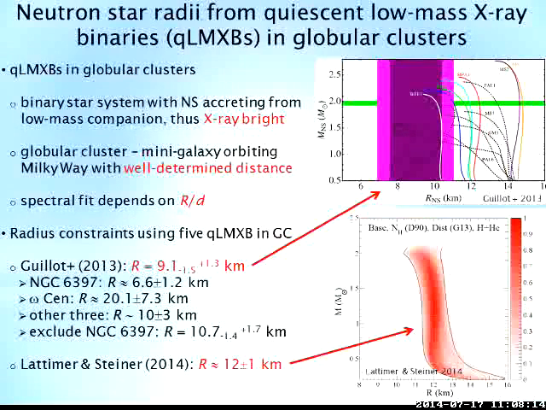But one of the things to keep in mind is that if you look at the 5 sources, NGC 6397 has a very small radius. Omega Cen has a very large radius, whereas the other three are very typical, 10 plus or minus 3. And so in their analysis, they actually say, let's exclude the very small one.